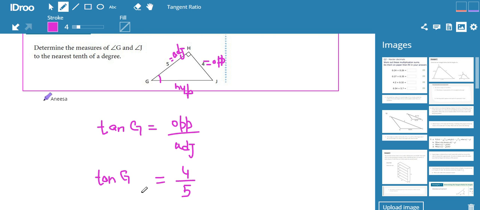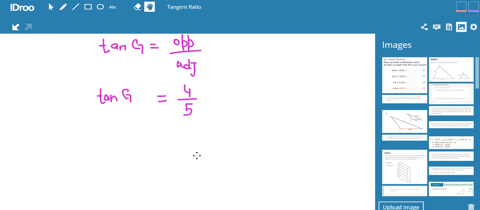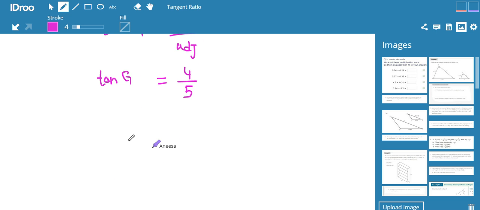So tan G equals 4 by 5, and what's the value of 4 by 5? I will check. 0.8. You sure it's 0.8? Yeah, 0.8. Okay, so that's your question now.